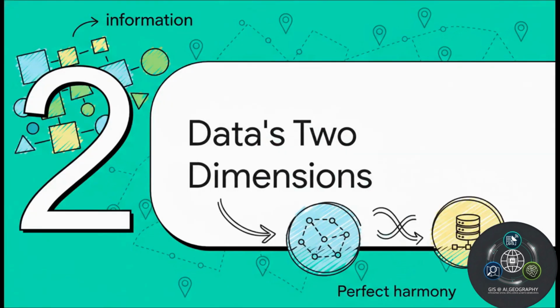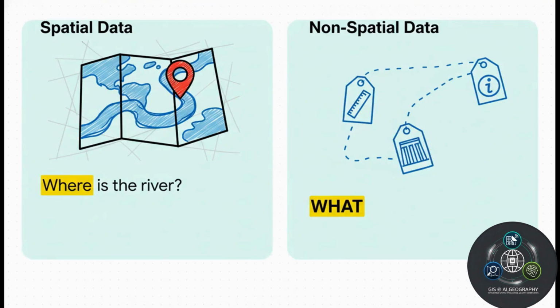So here's the secret. The information that powers your map isn't just one single thing. It's actually made up of two totally different but deeply connected types of data, and they have to work together perfectly. Think of it like this. On one side, you've got your spatial data. That's the where. It's the coordinates, the lines, the shapes that show you where the river physically is on the planet. But then you have the non-spatial data.